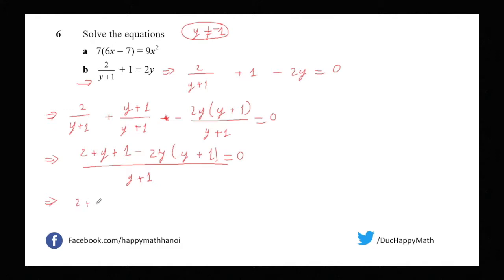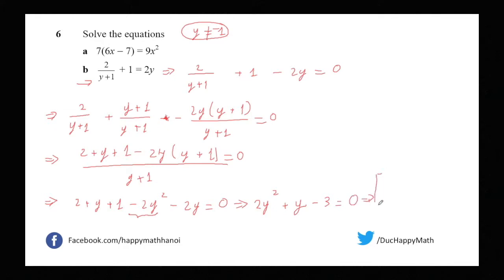So 2 plus y plus 1 minus 2y squared minus 2y equals 0. So move all these terms to the right hand side so that the highest degree term is positive. This means 2y squared plus y minus 3 equals 0.